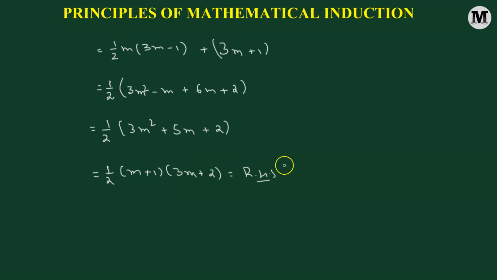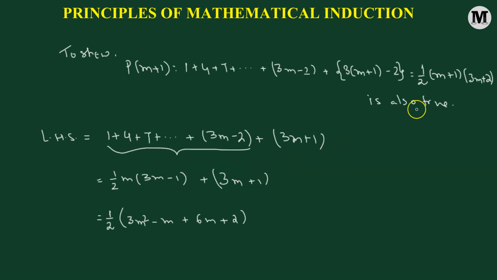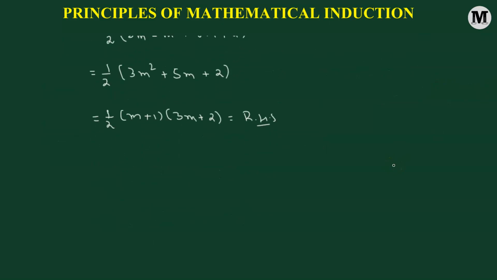This is what we have to show, that for P(m plus 1), the right hand side comes out to be half times m plus 1 times 3m plus 2. So since the left hand side equals the right hand side, we can say that P(m plus 1) is true.